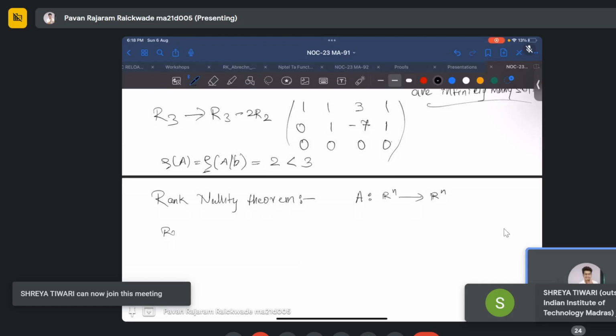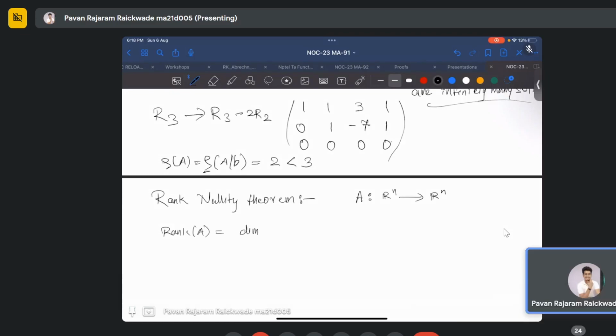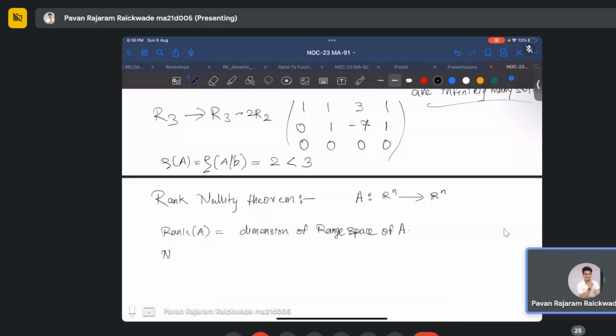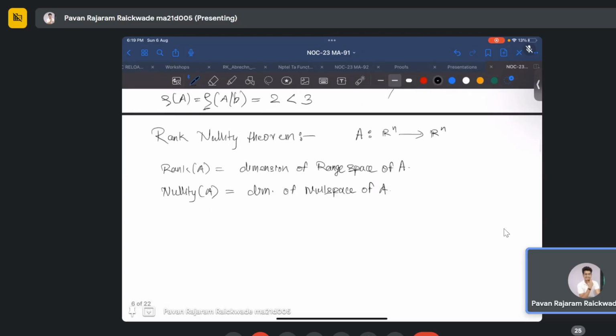Then the rank of A is the dimension of the range space of A, and nullity of A is the dimension of the null space of A.